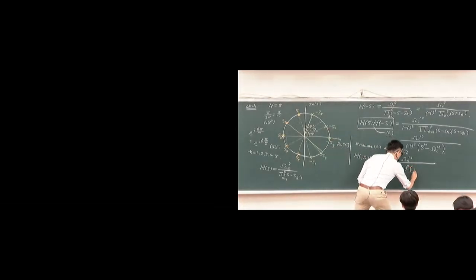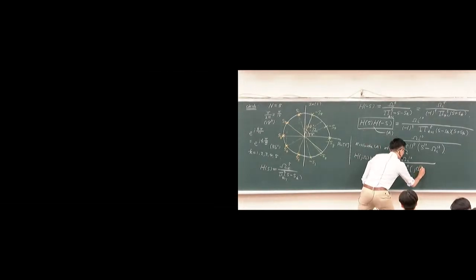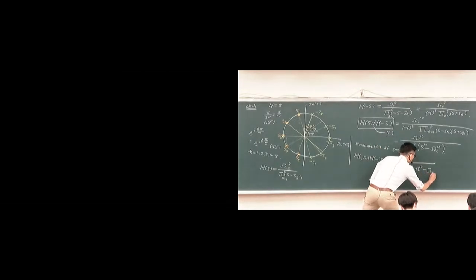Then now it equals, I'm just going to copy this right here, minus 1 to the 5th power and j omega to the 10th power divided by omega c to the 10th power. Okay?